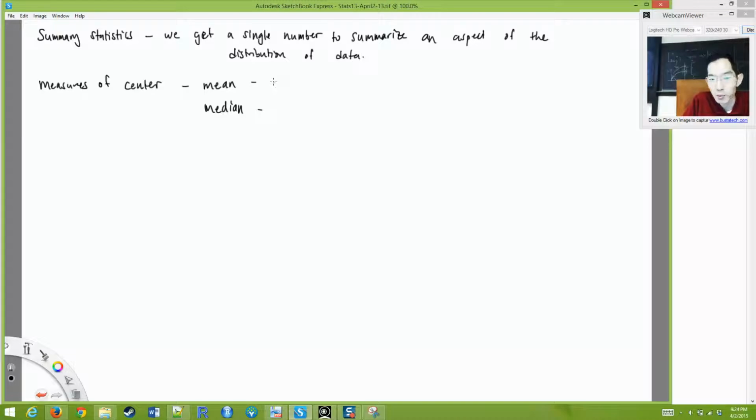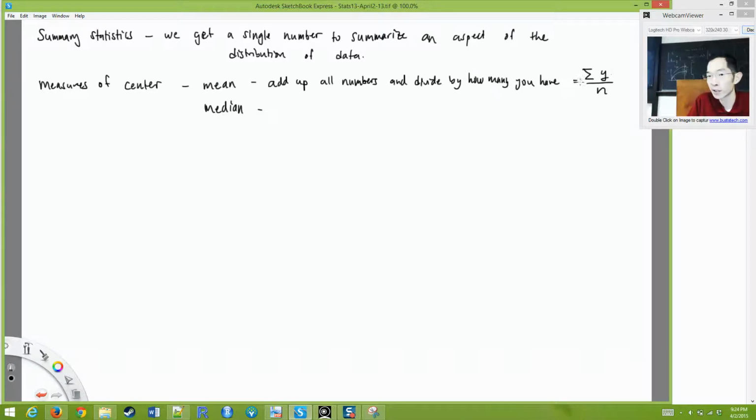The mean is where you add up all the numbers and divide by how many you have. Or symbolically, we would write sum y over n.